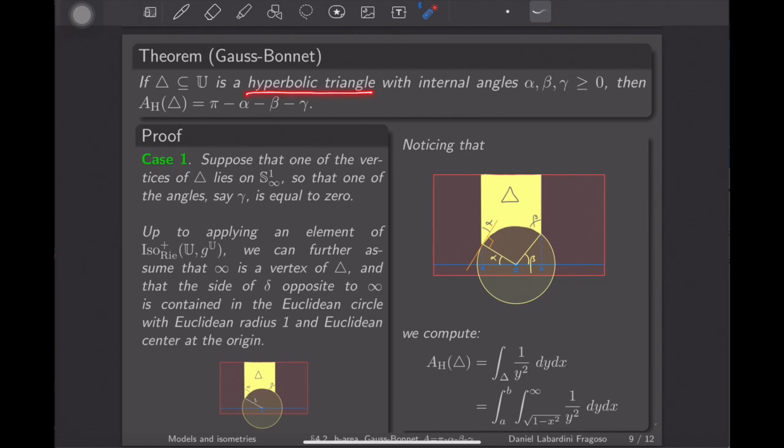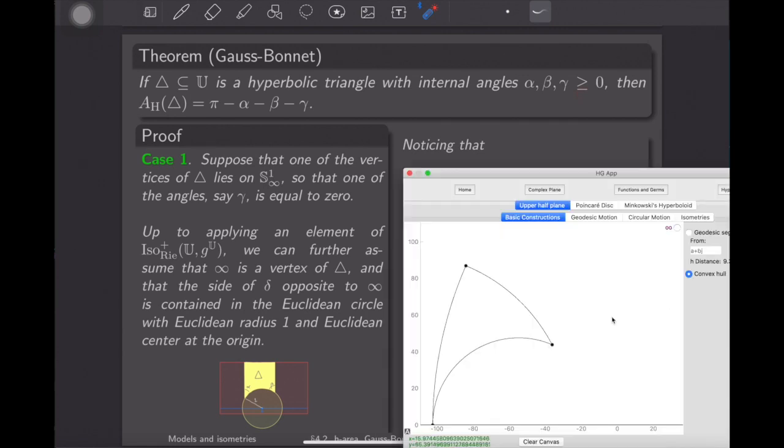Well, if you give me one such hyperbolic triangle with these internal angles alpha, beta, gamma, and I allow some of them, or even all of them, to be equal to 0, which is what happens precisely when the corresponding vertex that the angle subtends is a point at infinity.